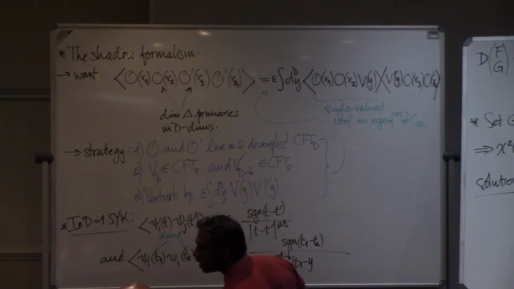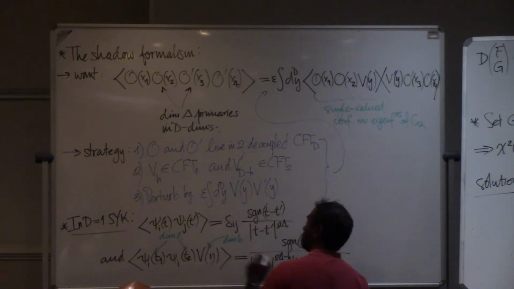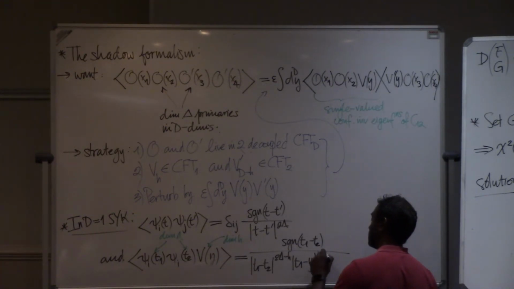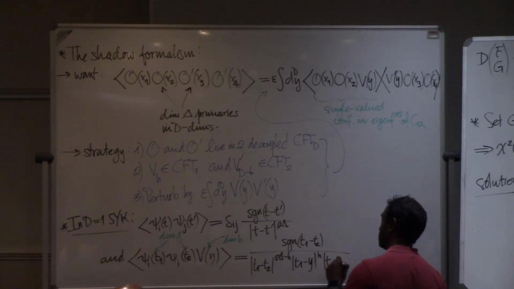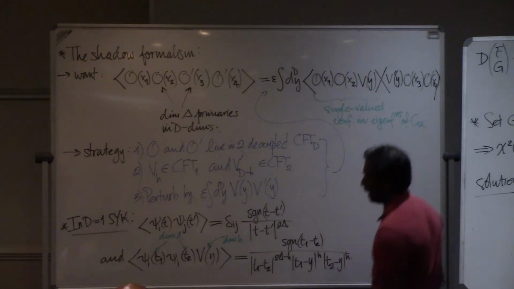Sorry, it should be y. t1 minus y to the h, t2 minus y to the h.